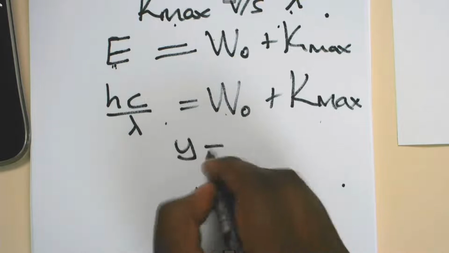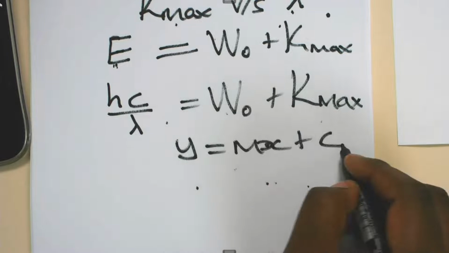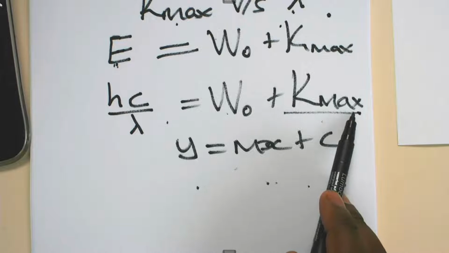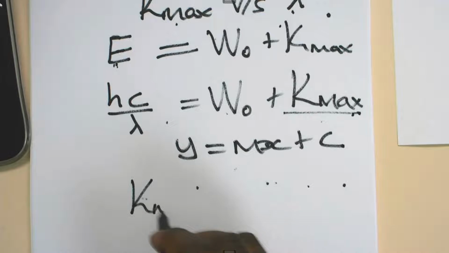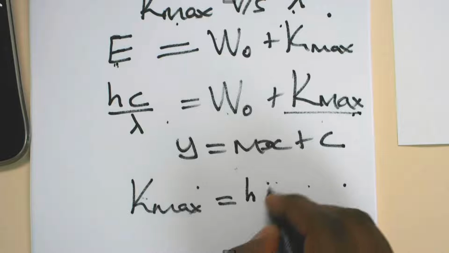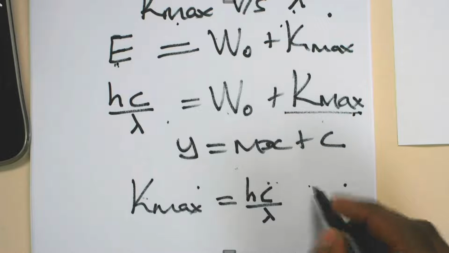So expressing this in the form of y is equal to mx plus c, kinetic energy maximum must be our subject of the formula. And then when we do that, we'll have Kmax being equal to hc over what? Over the wavelength.